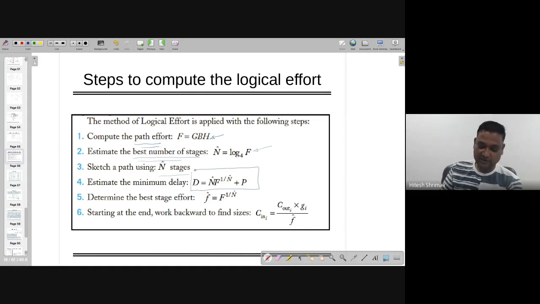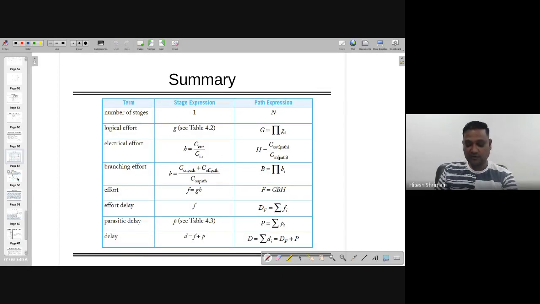This is already given to us. If you want to find out the capacitance driven by each stage, it can be found by back calculation of this one. But this is the last thing. When we solve a few more questions, you will understand what is going on over here. But these are the stage and path expressions.